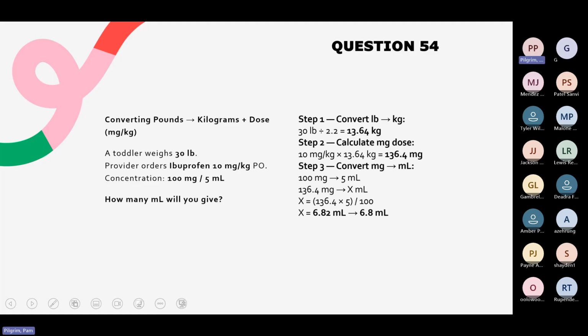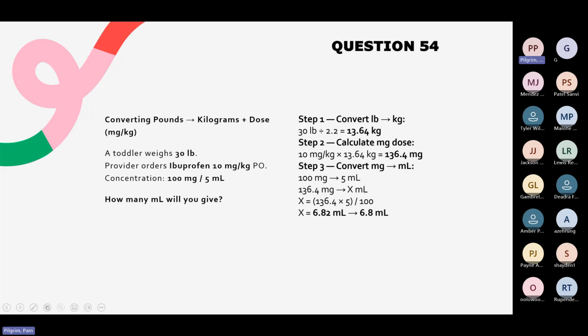Then step 3 is you're going to convert the milligrams to mLs. You do that by taking 100 milligrams per 5 mLs. You want 136.4 milligrams per X. So right off the bat, you know this is going to be more than 5 mLs.